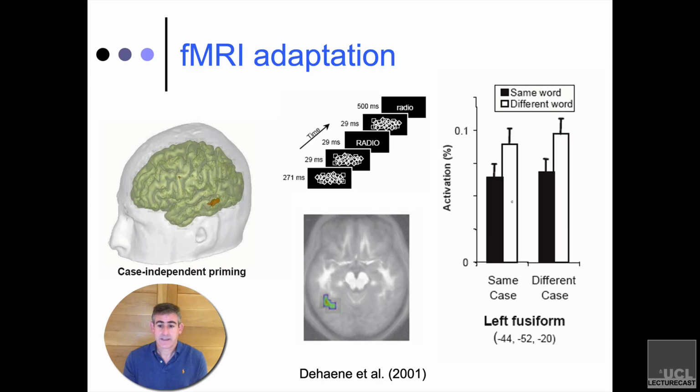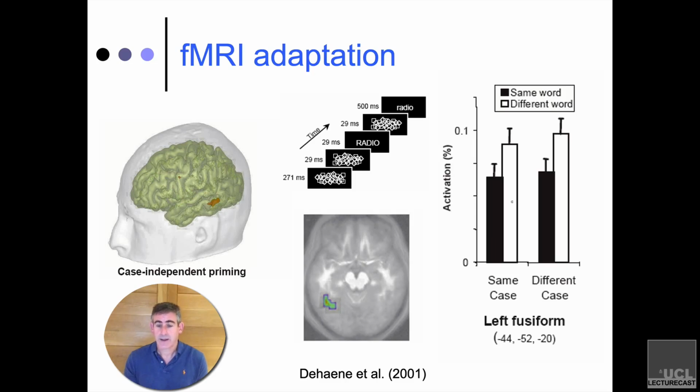And this is an example that I've mentioned before. They didn't call it a conjunction design, but it's still a good example of it. This is the study that Stan Dehaene's group did, where he was looking at repetition priming because he was trying to figure out where in the brain was sensitive to orthography, or your ability to recognize visual words.